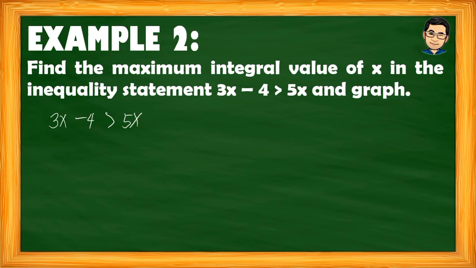And then, negative 4, kailangan natin siyang tanggalin sa left side, madala sa right side, as well as 5x, mapunta dapat sa left side. So, magiging 3x minus 5x is greater than 4. Now, 3x minus 5x is negative 2x greater than 4.